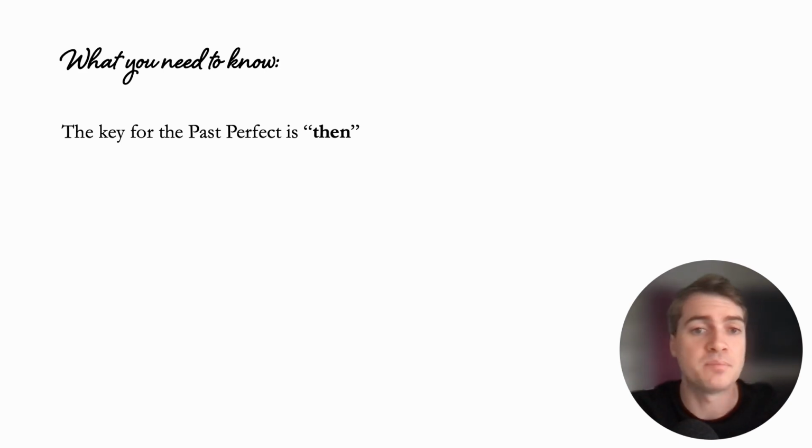Okay, here's what you need to know about the past perfect. So, the key for the past perfect is then, right? Back then, in the past, as of then. Remember, in the present perfect, I said the most important thing is now, as of now. Something may have happened in the past, but it's relevant now.